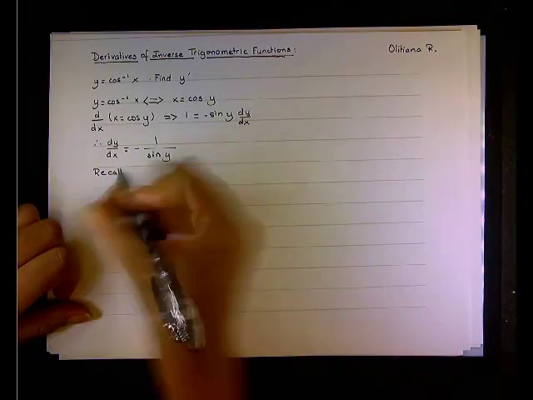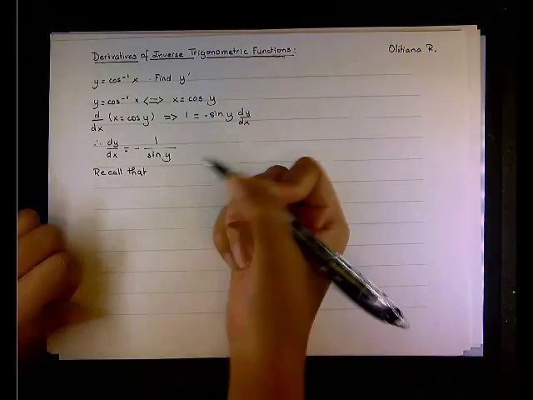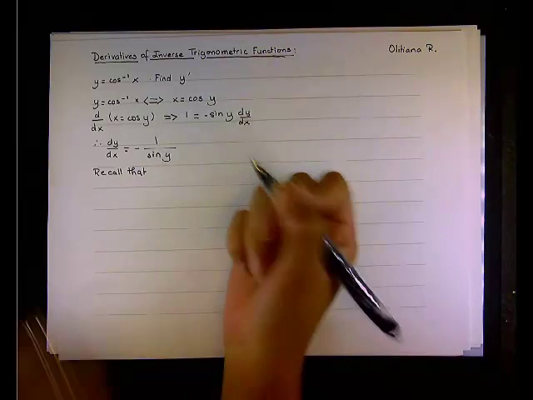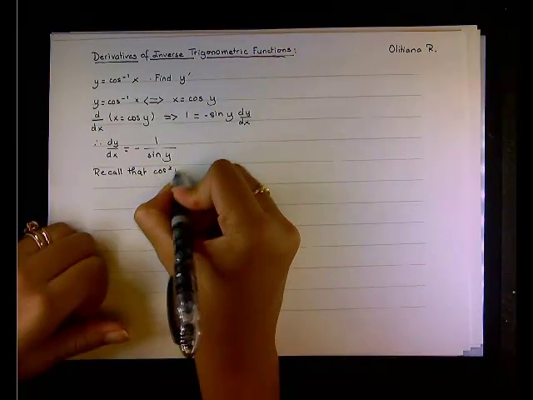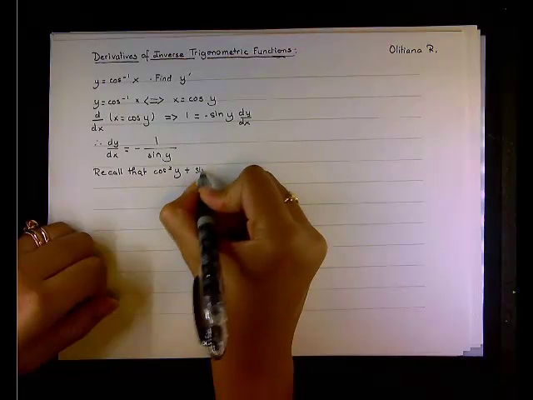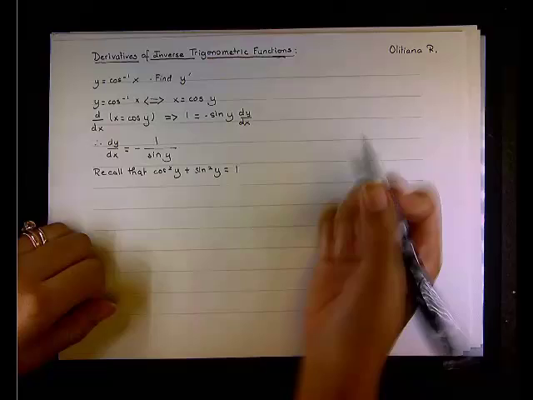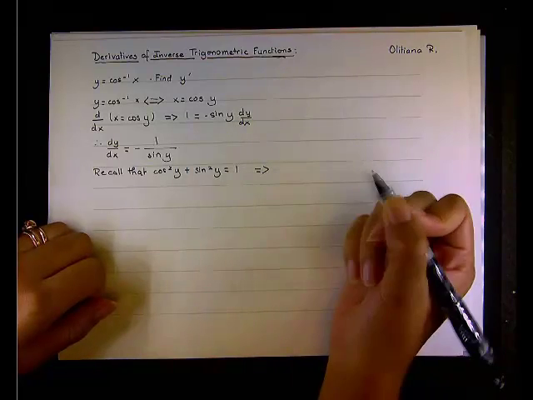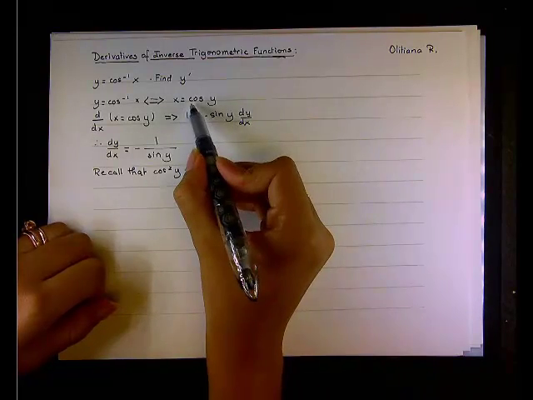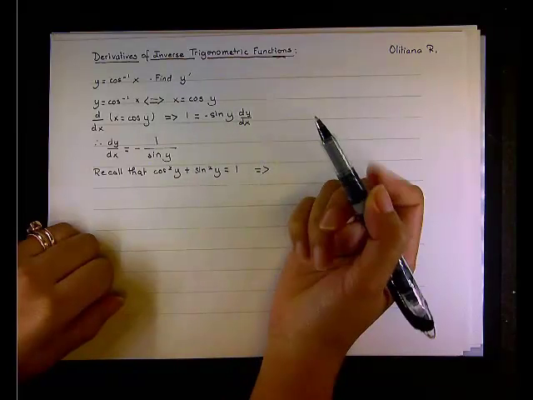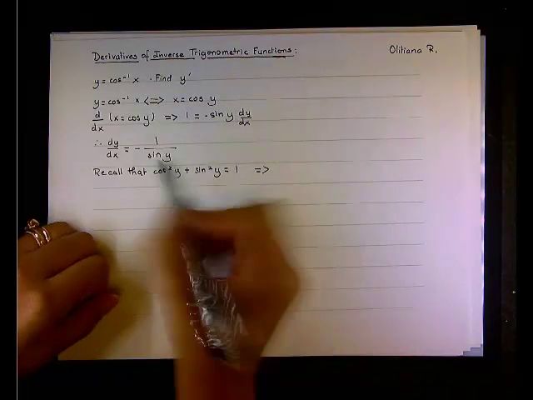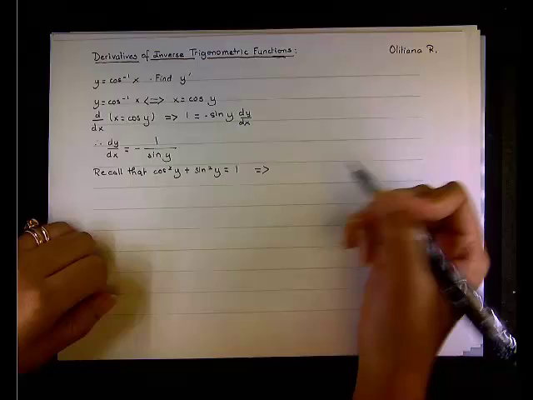Recall that cosine square of y plus sine square of y is equal to 1. We can use that to get the expression in terms of cosine of y, to get rid of sine of y right here.